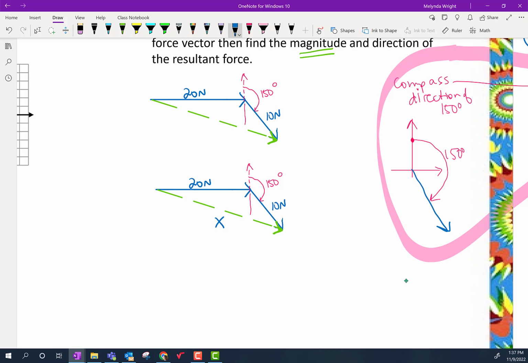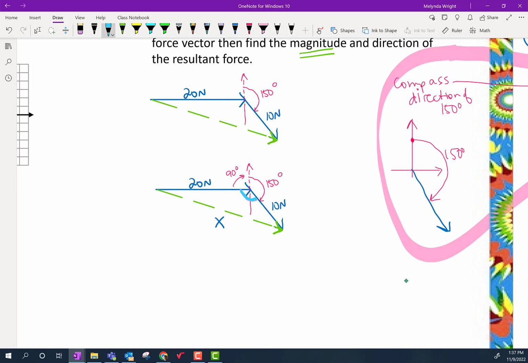Okay, well I know that angle is 150, and I know this angle right here is 90 degrees. Is there a way that I could find this angle of this triangle? We're thinking in terms of triangles now. Let's make it a different color so it's more obvious. Add 90 and 150, subtract it from 360.